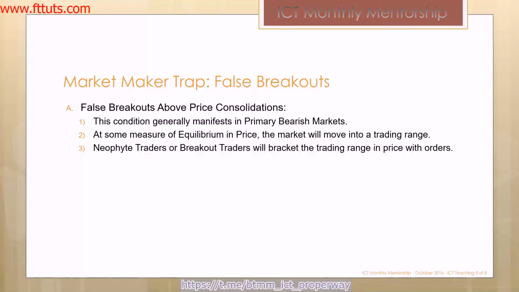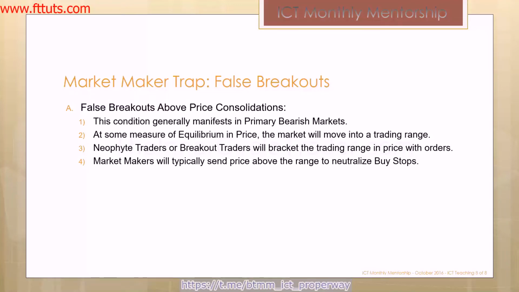In other words, they're trying to capture a trend, and they're going to put a buy order above the marketplace and a sell order below the marketplace because they absolutely have no idea what's going on. Or breakout traders, they just want to bracket the marketplace like long-term trend followers. They don't mind taking a lot of losses with the hopes of eventually catching a large trade.